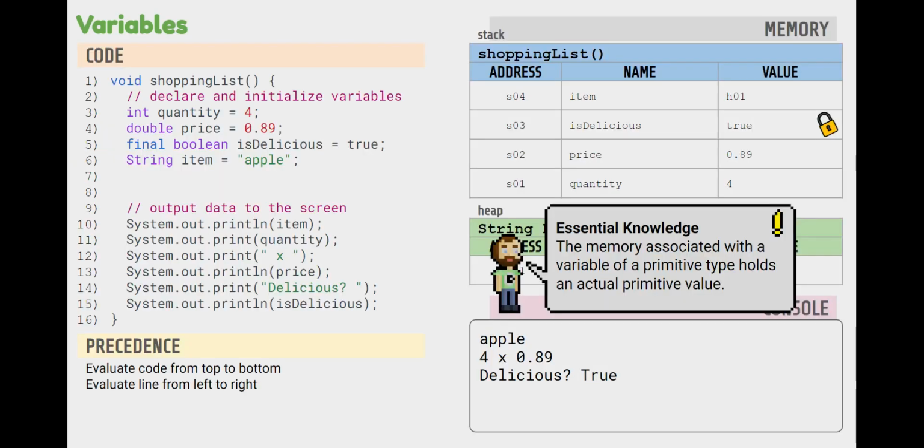So our next essential knowledge: the memory associated with the variable of a primitive type holds an actual primitive value. We saw this on our notional machine. If we look in computer memory and we look where that value is stored for our primitive data types, they actually hold an actual primitive value.